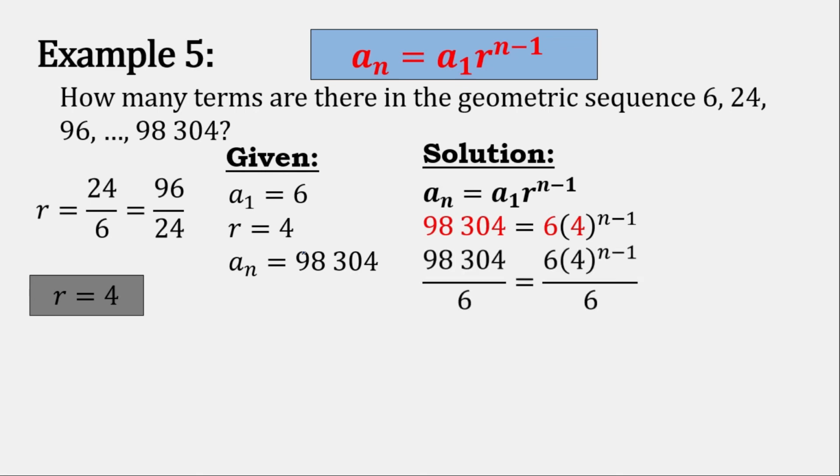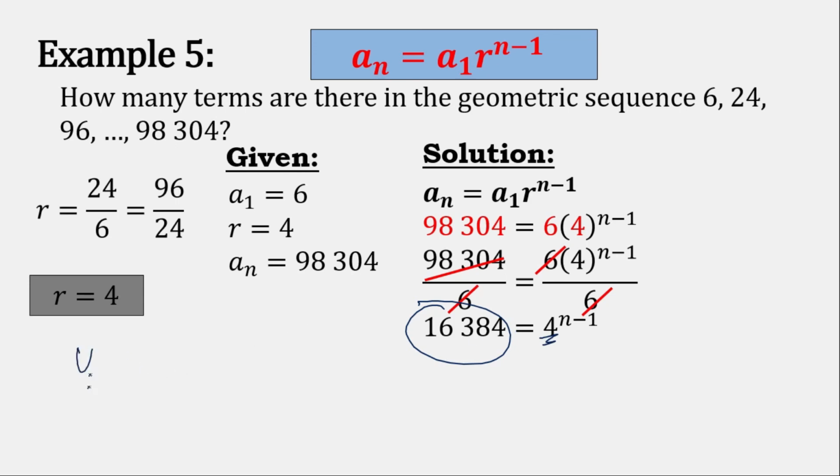Substitute it and divide both sides by 6 such that the part of the equation that has n will be singled out. So if we divide that, we get the value of 16,384. Now, in this case, we need to transform 16,384 into an exponential form wherein 4 is our base.